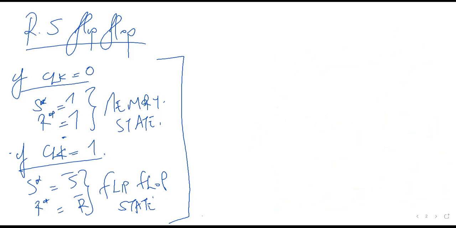We have 2 inputs, now 3, S and R, and we also have a clock. 2 inputs plus a clock. What is my next state?